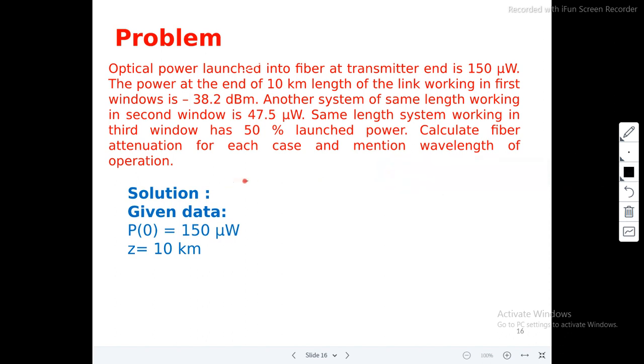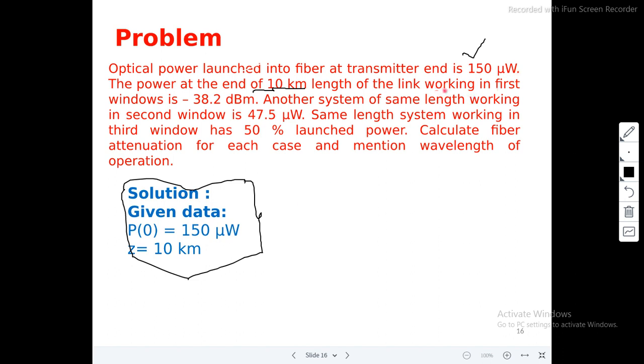So what is the given data? From the statement you can observe the given data. P of 0 is nothing but the power launched into the fiber, so the input power is 150 microwatts. Similarly, the length is given as 10 kilometers, that is Z is equal to 10 kilometers.